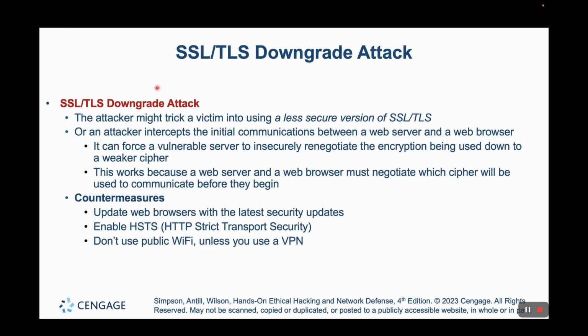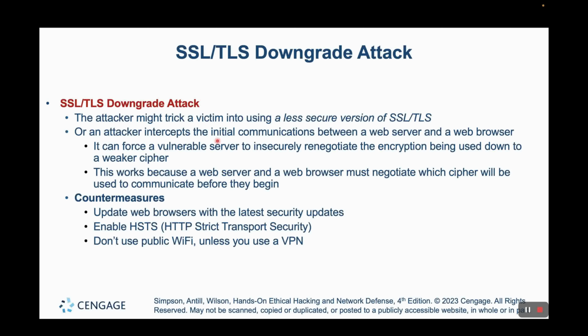Now we have another type of attack called SSL TLS downgrade attack. One of the things that an attacker can do is trick the victim into using a less secure version of SSL or TLS, or the attacker intercepts the initial communication, and it has to be the initial communication, between the web server and the web browser. So the whole idea is what?